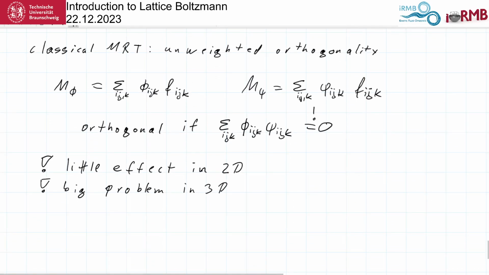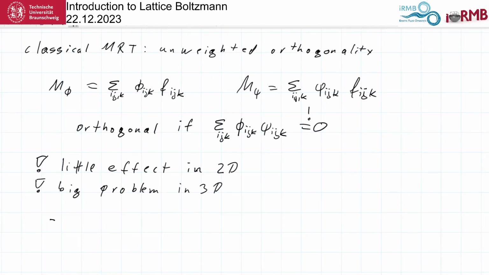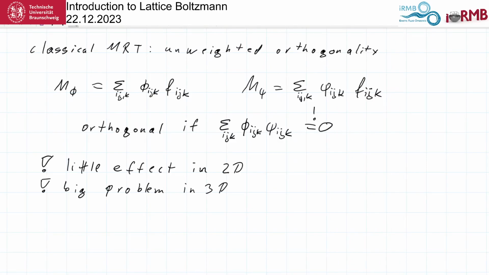Okay, we are now looking at these examples because when I was younger, I actually tried this out and made a usual MRT model with D3Q27. I also designed a specific test, because I already knew from my theoretical considerations what would go wrong.